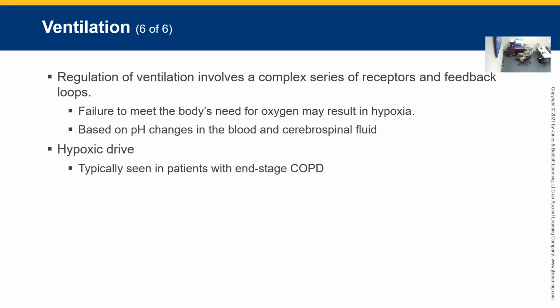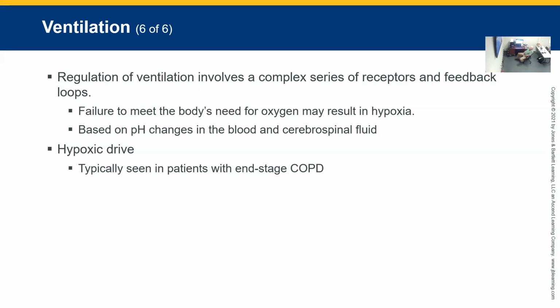If I get up and start running or walking around the building, then obviously my metabolism speeds up, so I have to breathe faster. You're producing a lot of carbon dioxide, so you breathe faster to breathe it off. As long as everything's working normally, that's what's happening.